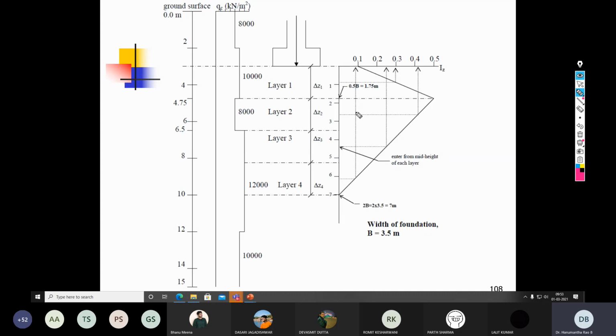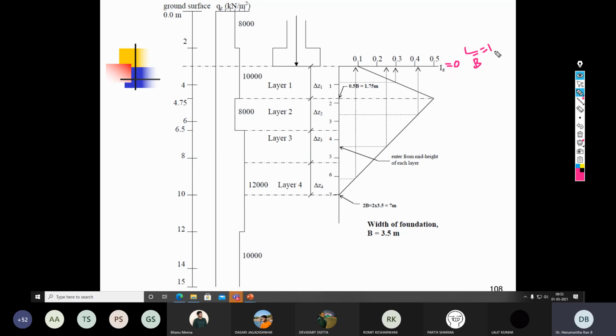Your first step is to construct the strain influence diagram, considering the foundation level as the 0 level. Based on the previous slide, we have picked up a strain influence diagram of L by B equal to 1, because this is a square footing.